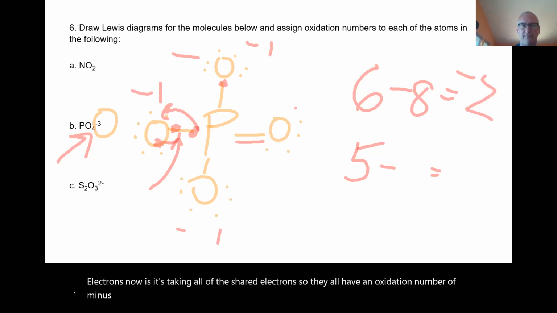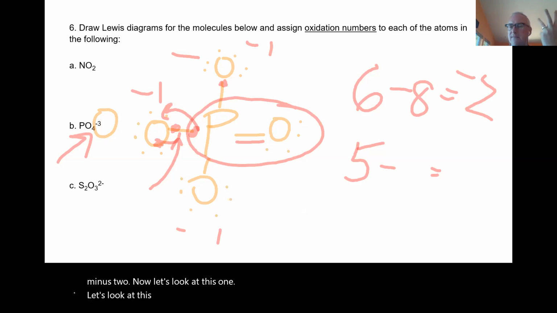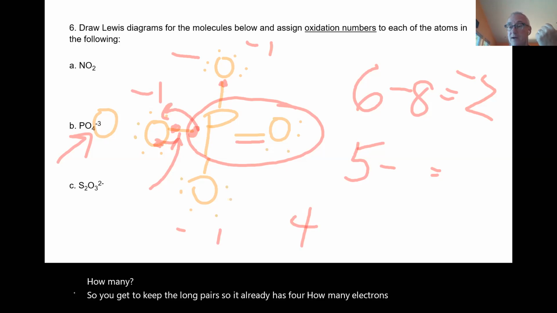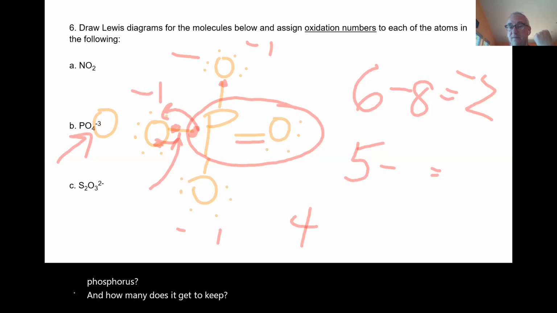Now let's look at this oxygen. You get to keep the lone pairs, so it already has 4. How many electrons is it sharing with phosphorus? 4. And how many does it get to keep?